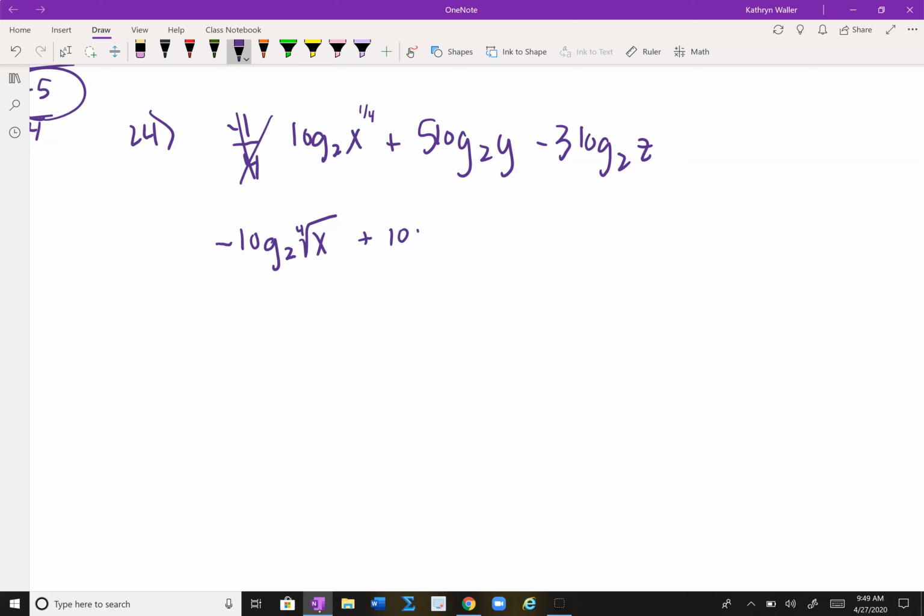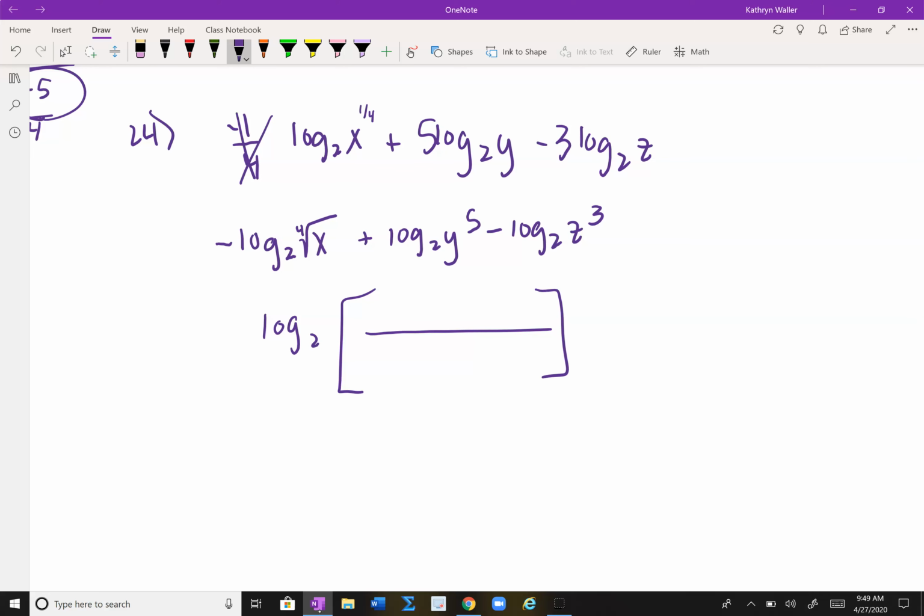This guy, I'm going to pull the exponent up, and this guy, I'm going to pull the exponent up. Now, the reason I left the negative is it's so much easier, because I know what I'm taking the log of is going to be a fraction. Anything that's a negative goes on the bottom. Anything that's a positive goes on the top.